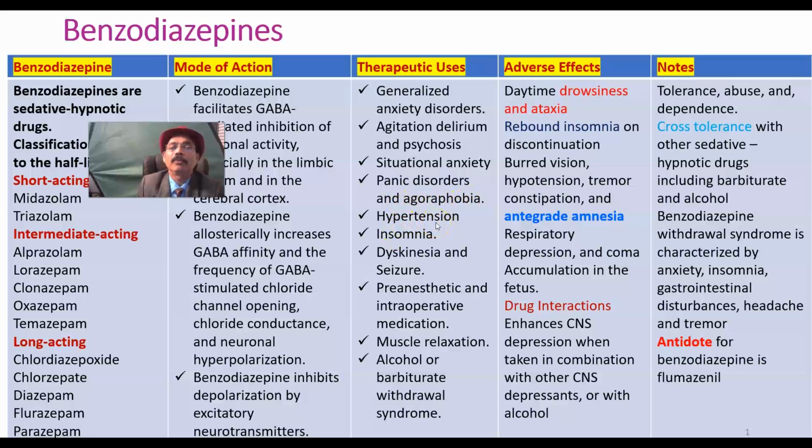Hypertension: benzodiazepines relax the muscle and decrease blood pressure, especially in a person who has a lot of anxiety. It is a treatment for insomnia to a certain extent because it induces sleep and relaxation. Dyskinesia and seizure: it is also used for dyskinesia, abnormal movement, and convulsion.